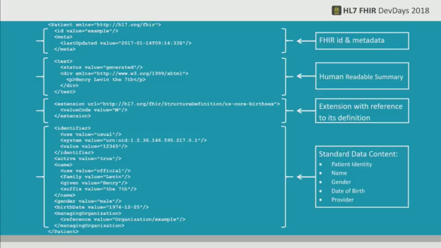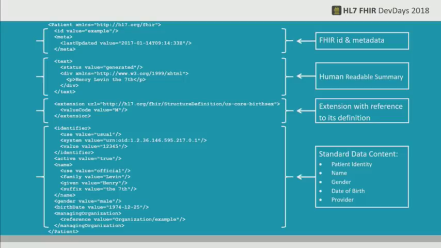Exactly. So if I have conditions, observations, allergies, whatever they might be, patients, they are all going to have an ID, that simple ID element with a value to it. And the data type in FHIR is an ID data type, so it has to conform just to the rules of an ID within FHIR, as opposed to the patient identifier.